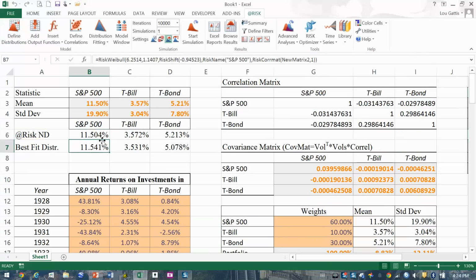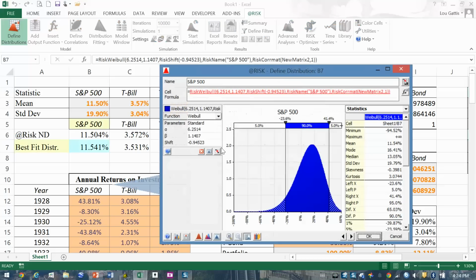However, if I wanted to do a better job of forecasting the future distribution for, say, my best fit here, I would need to replace the alpha, the beta, and the shift. Now, you can learn more about these by looking through the help, but I'm not real comfortable forecasting these variables. I guess I could manipulate them to try to get the mean and the standard deviation back to where I want them, but I'm not real comfortable doing that.